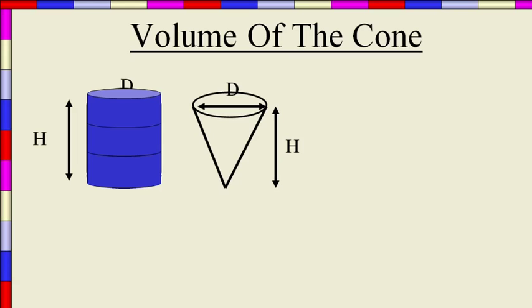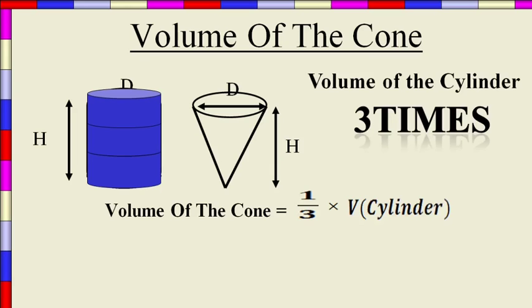It indicates a relationship between volume of the cylinder and volume of the cone. It proves that volume of the cylinder is actually 3 times the volume of the cone.